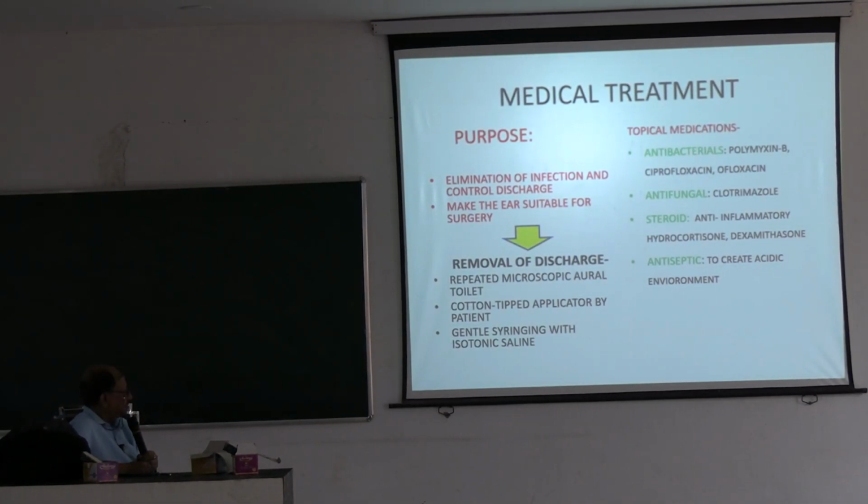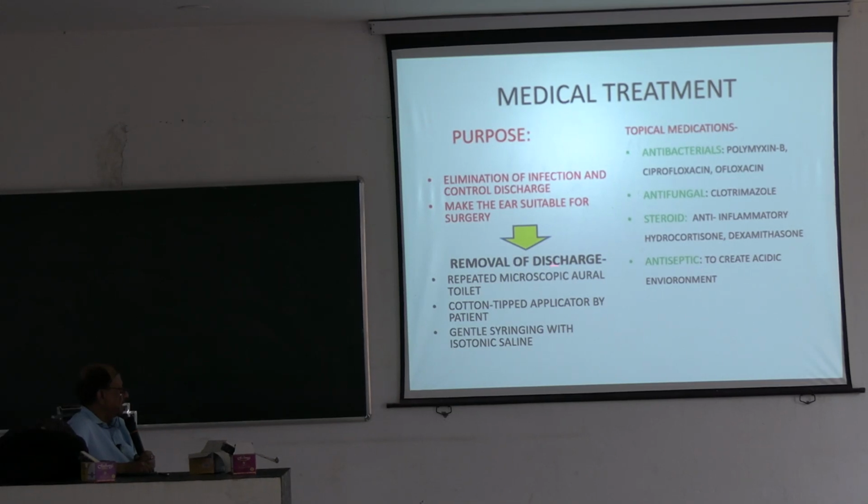So, removal of the discharge, repeated microscopical aural toilet, this is the method of aural toileting, these three methods of aural toileting. And topical medication: this is antibacterial agent, antifungal agent and steroid. Steroid is used to reduce the middle ear mucosal edema and for better entry of the antibiotic and antifungal.